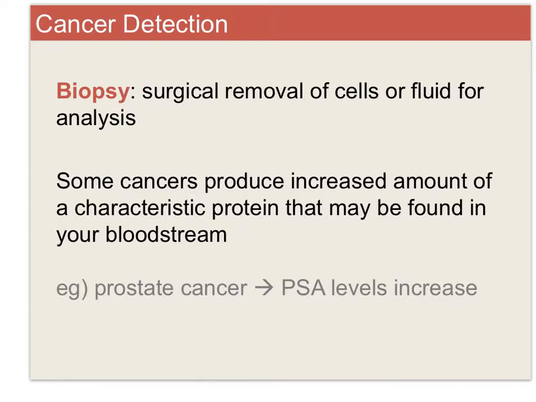Now you can get higher PSA levels just from a prostate gland getting bigger and bigger as a man ages. But if you see a spike in PSA levels, and it's one of the standard things they measure when you get a blood test, they'll then usually do a biopsy of the prostate gland.